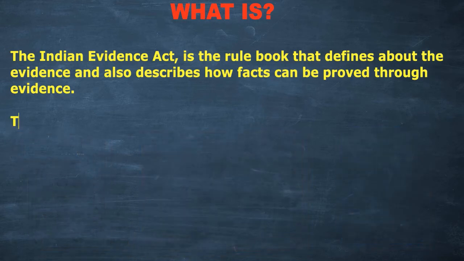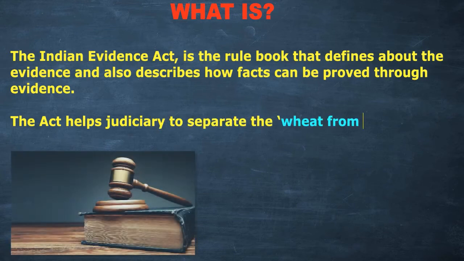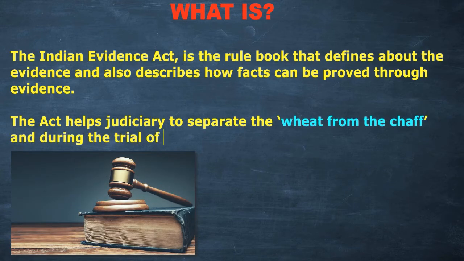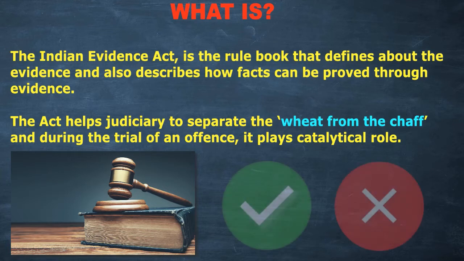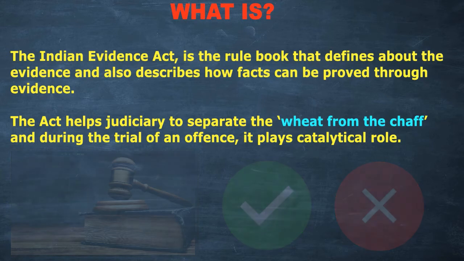Secondly, the Act helps the judiciary to separate the wheat from the chaff, which means it gives the idea to distinguish between true and false, and that ultimately helps the judge to decide the case.